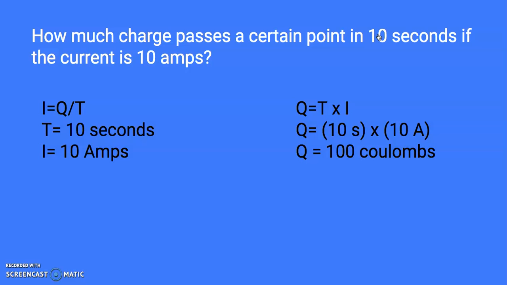Substituting those values, charge Q is equal to 10 seconds times 10 amps, so the charge comes out to be 100 coulombs. It's pretty simple, and using this equation, we can find these three separate variables.